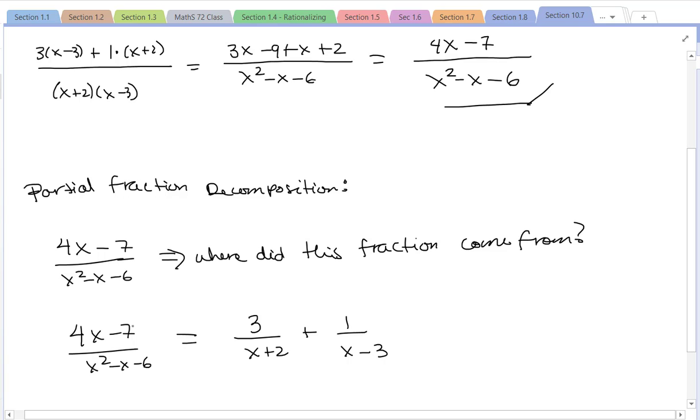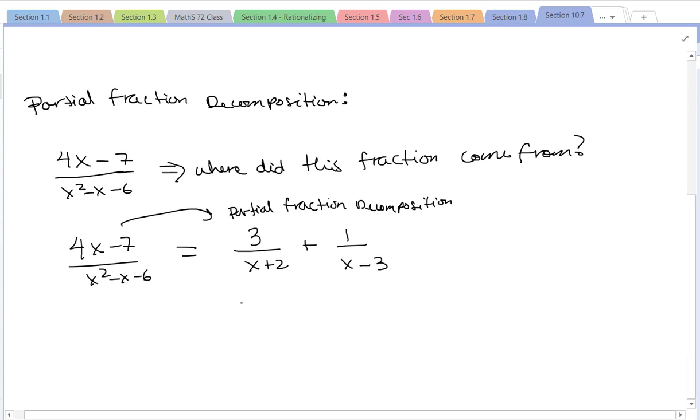And so this will be the partial fraction decomposition for these problems. But the question is, how do you get there without having done it ahead of time?